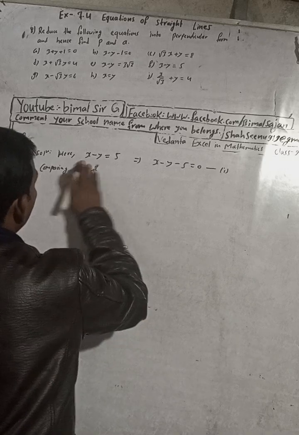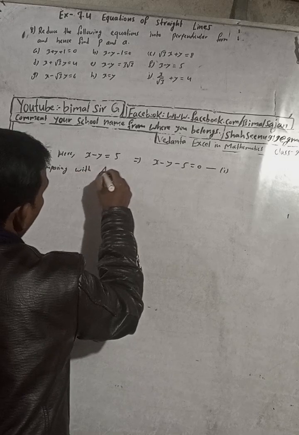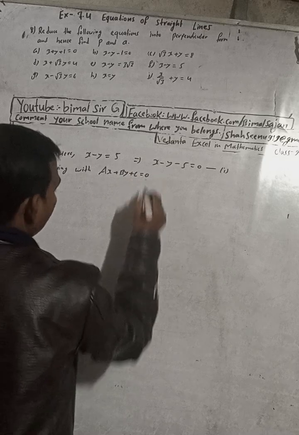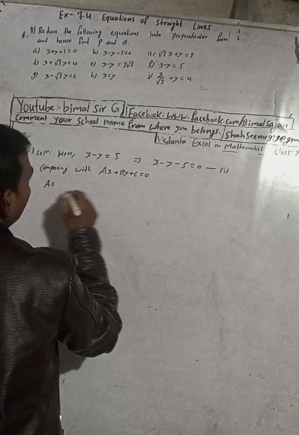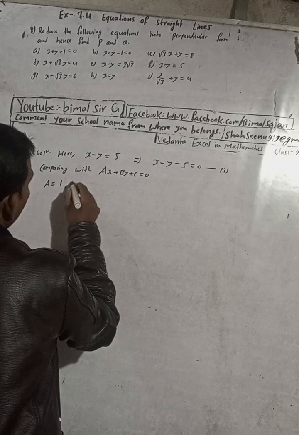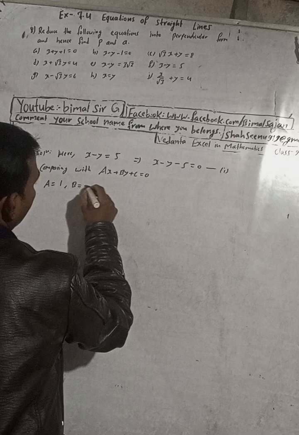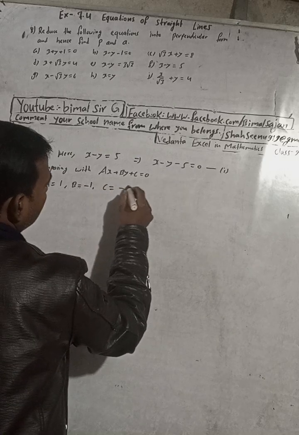Comparing with ax plus by plus c is equal to 0, we get a is equal to 1, b is equal to minus 1, and c is equal to minus 5.